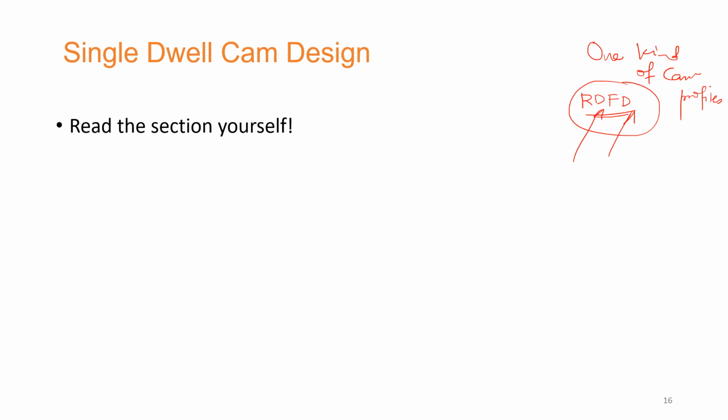You may have a single dwell. Sometimes you may not even have a dwell. It simply rises up and then it falls down. There is a little section in your book I'll advise you to read yourself, and this is going to broaden your horizon in terms of cam designs. So do read it.